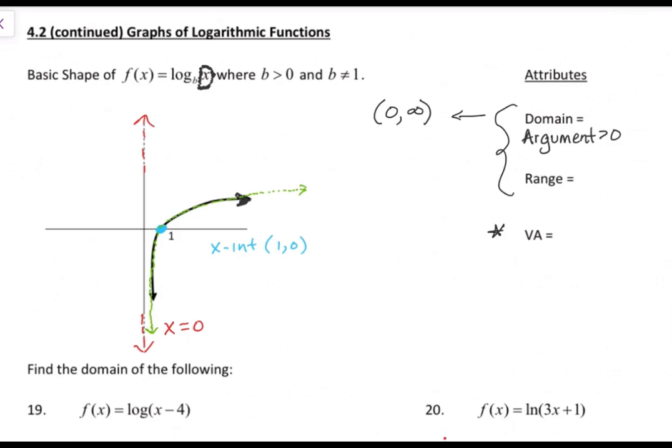So if you look at how low and how high my graph goes, it does go down to negative infinity, and it does continue to rise to infinity. So my range is all real numbers for any logarithmic function.